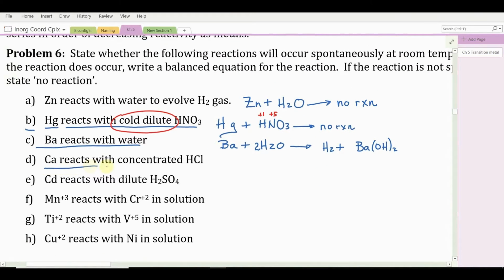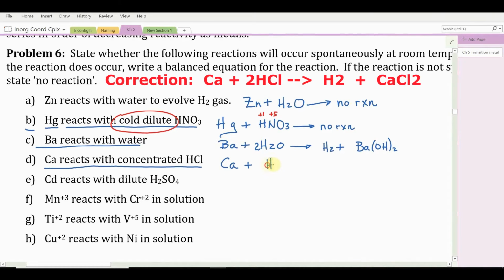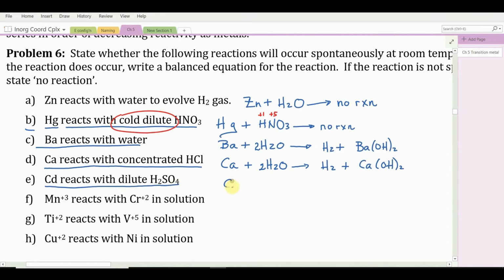Calcium with conc HCl. Calcium is another strong reducing agent, reactive metal, and it certainly will reduce water to hydrogen and the metal hydroxide. So yes, that will react. Cadmium with dilute sulfuric acid. So cadmium and H2SO4.